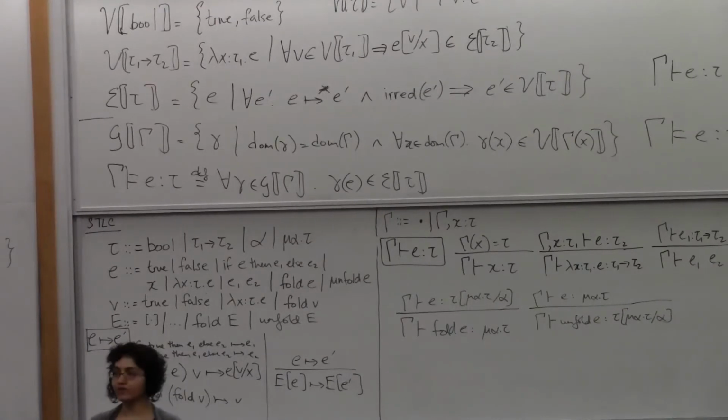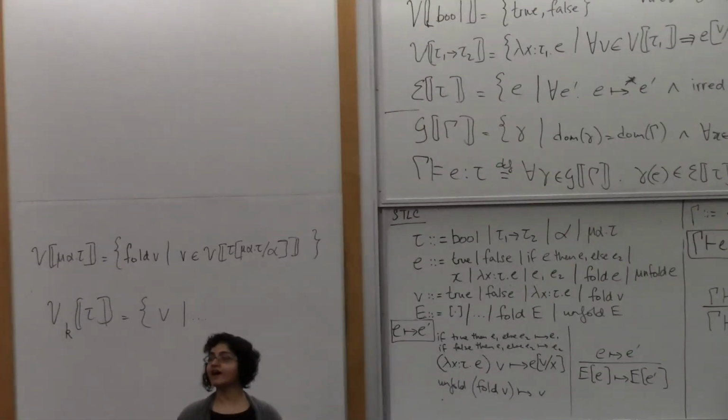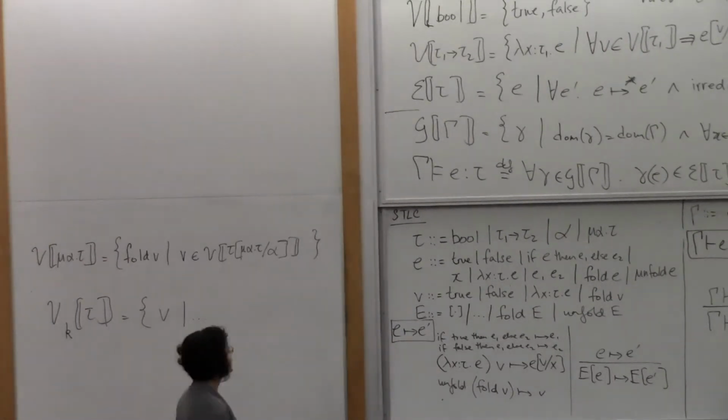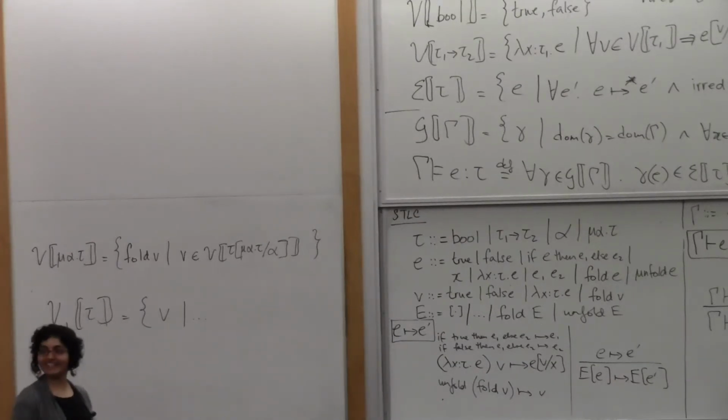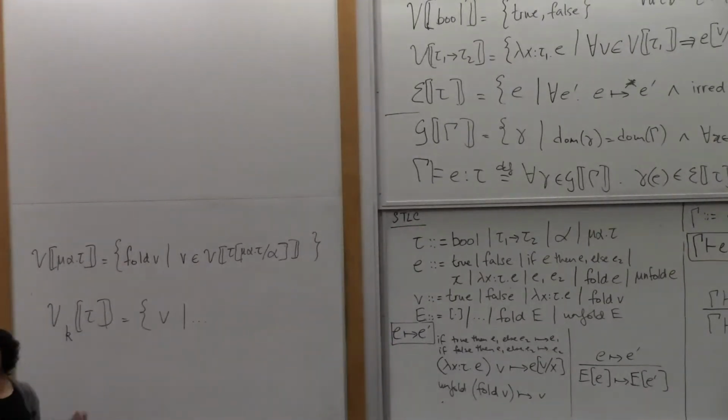But now, the case where the k is... Let's see how it works. Wait, what? You would use large K. Large K? Oh, you want me to write a big K? Sorry.